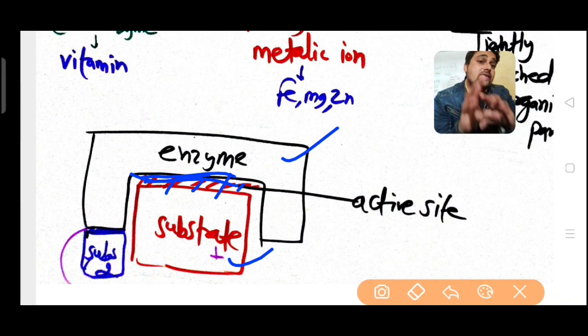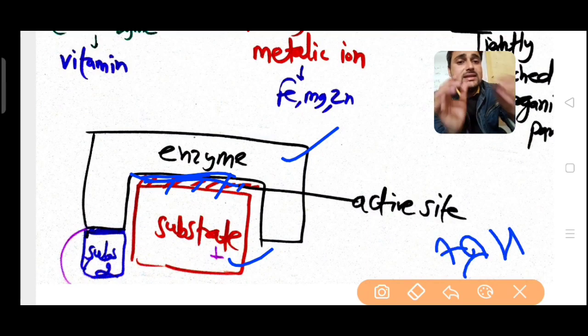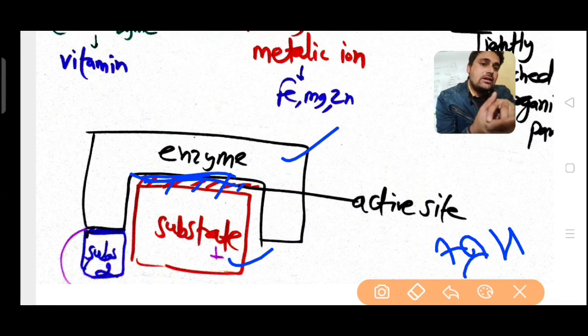This site is very specific to its substrate. For example, if your substrate is ADH hormone, then this hormone will specifically bind to this specific active site. So note down that an enzyme will have a specific active site, on which a very specific substrate binds and is changed into product by the enzyme activity.